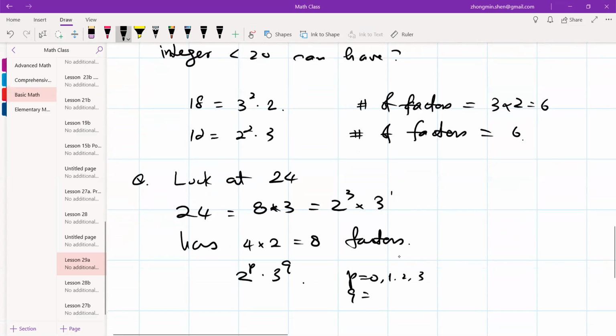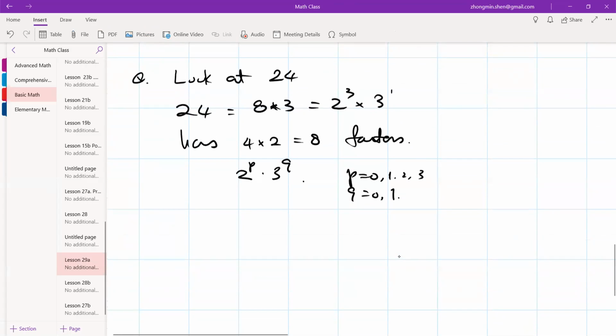So you have 4 possible values for P and 2 possible values for Q. That's the reason you have 4 times 2, which is 8 different factors. Right, so this is about factors.